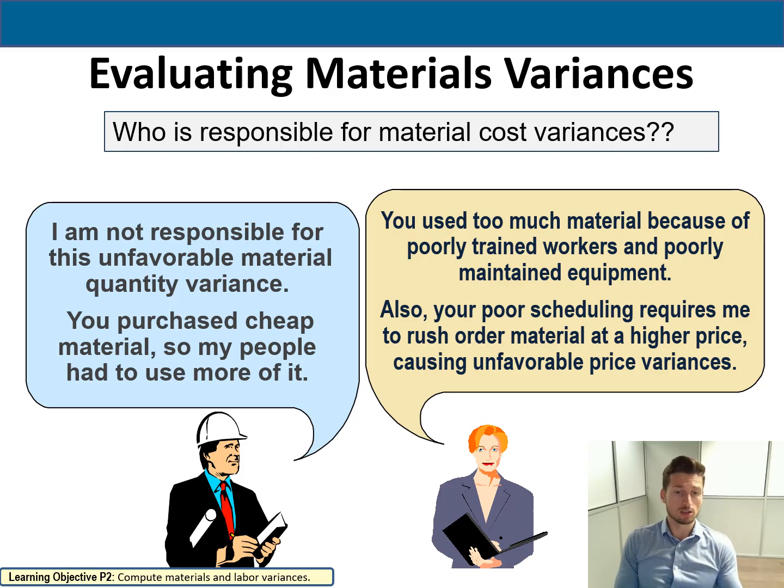And the production manager can say, I'm not responsible for this unfavorable material quantity variance because you purchased cheap materials, so I had to hire more people in order to use more of it. So it's a managers' discussion, which we don't study here. It's more managerial accounting, but as it's part of this topic, you need to understand that it's a managerial discussion about who made a mistake and why they had this unfavorable variance.